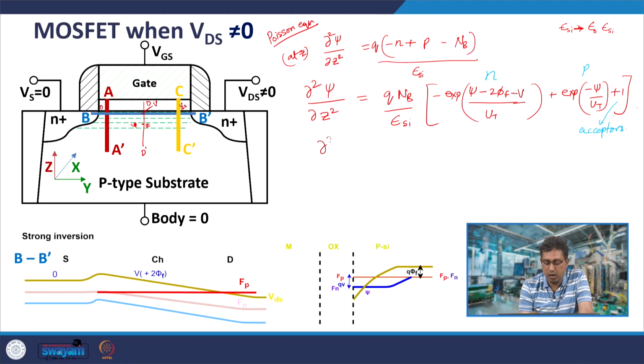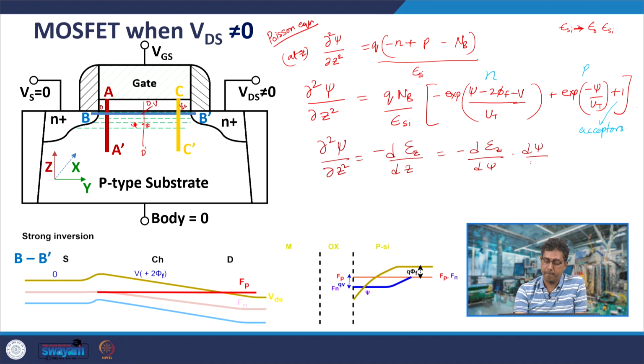So, now if we look at this, we could have written this this way, or in other words, we could have written it as this.